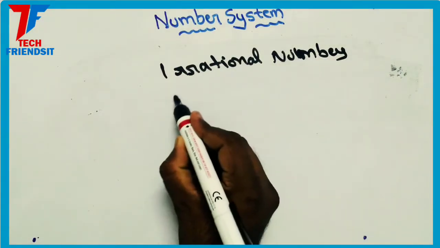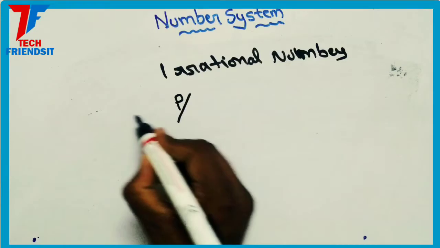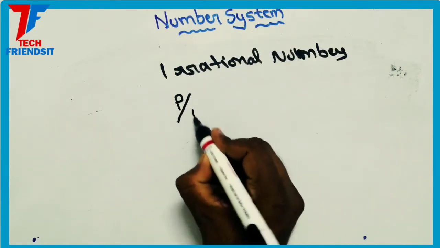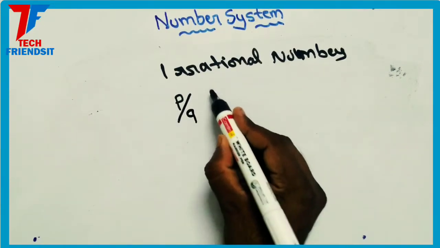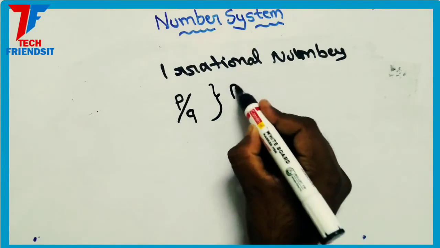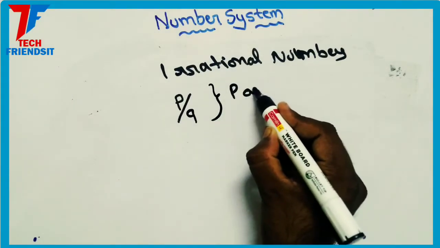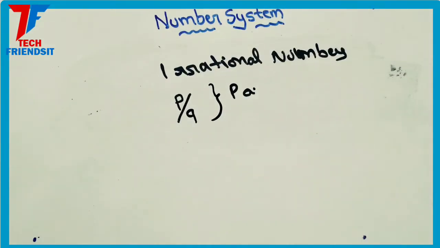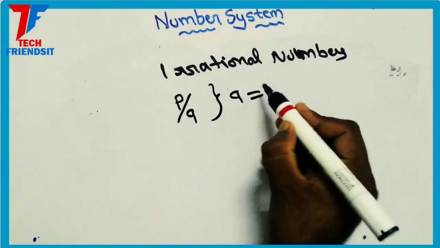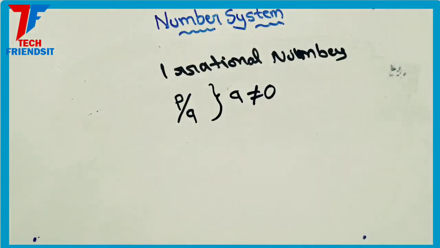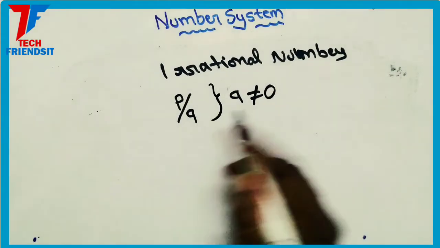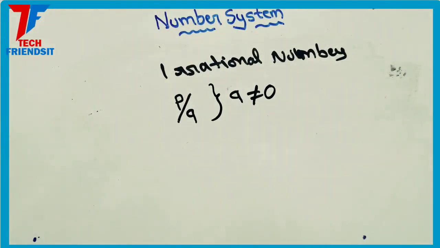Let's say P is the numerator and Q is the denominator, Q is not equal to 0. This is the condition. P and Q should not be integers, they can be any number.